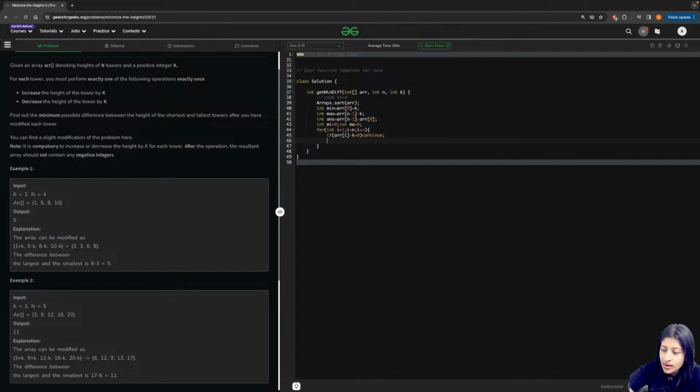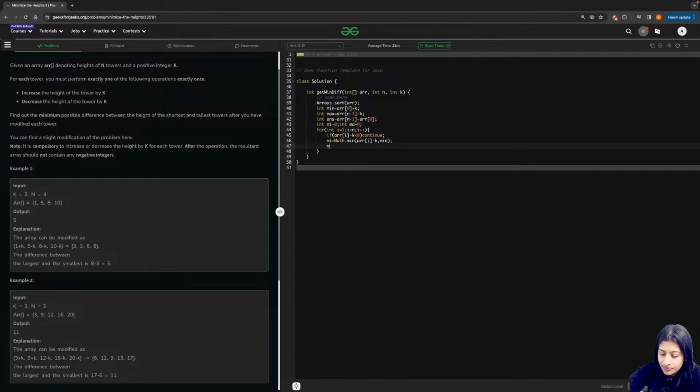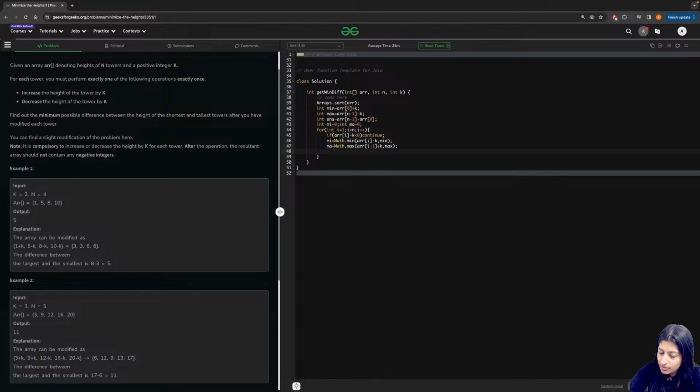Then update your mi with math.min of ARR of I minus K and whatever you had in min, and ma will be updated with math.max of whatever you have in your max value and the previous value ARR of I minus 1, increasing it by K units. Compare both of them, and that will be updated in your MA.